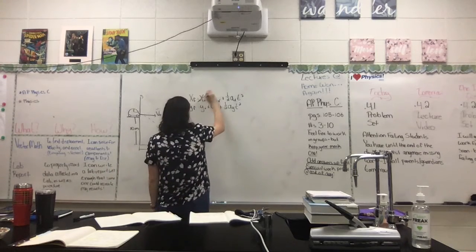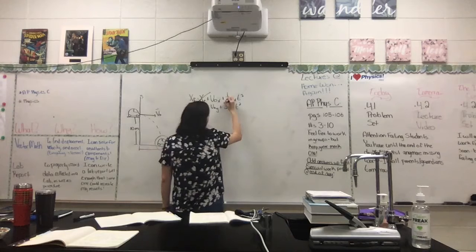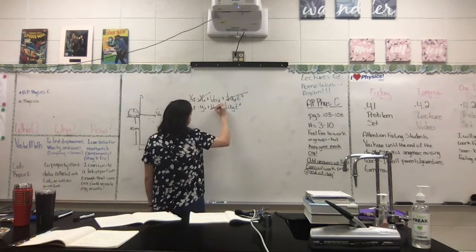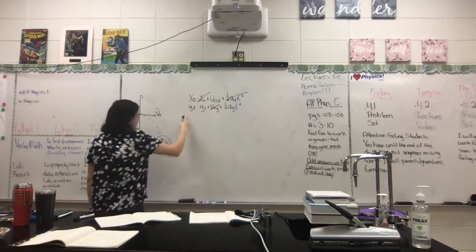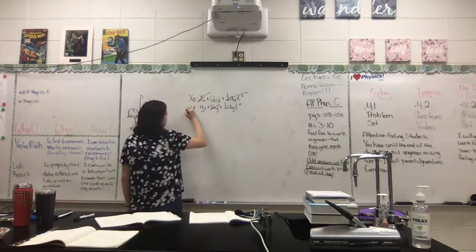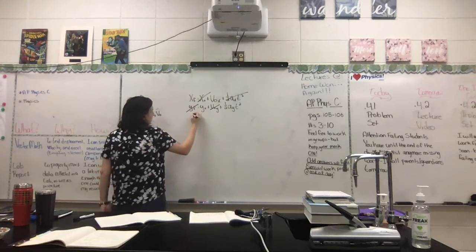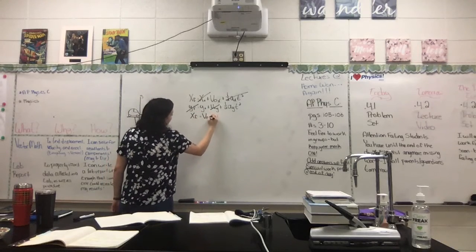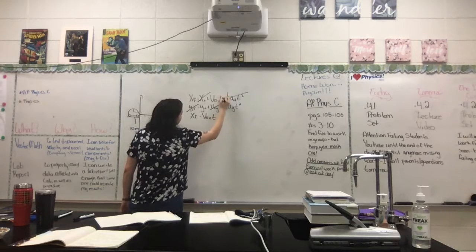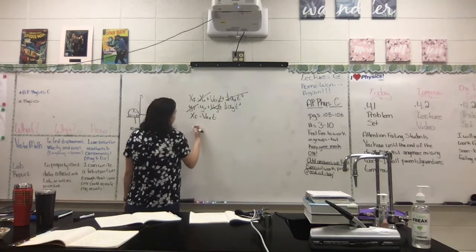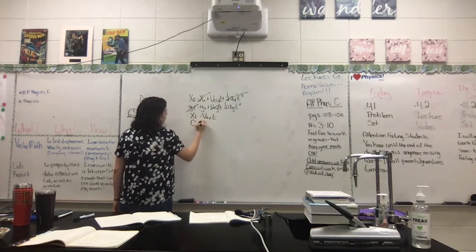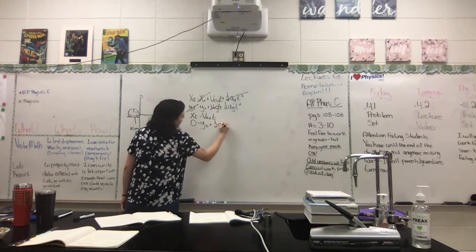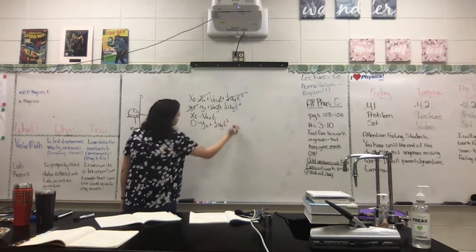So our x naught is 0, our ax is 0, our v naught y is 0, and our yf is going to be 0. So that means our equations now are xf equals v naught x t, and our yf would be 0 equals y naught plus 1/2 ay t squared.